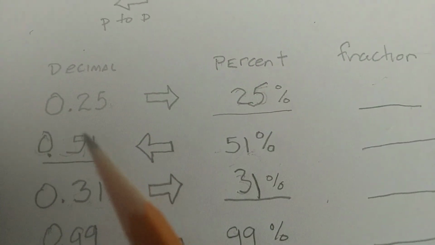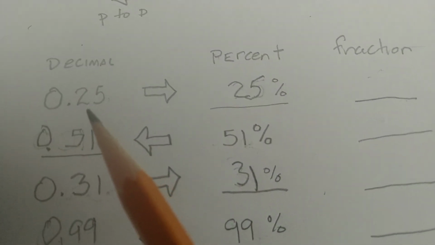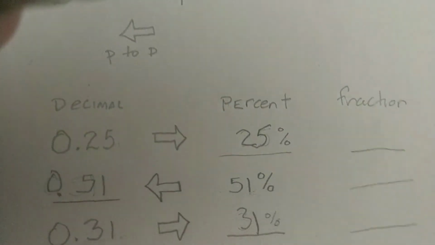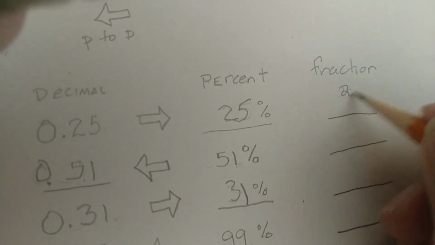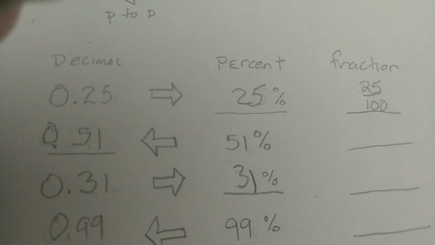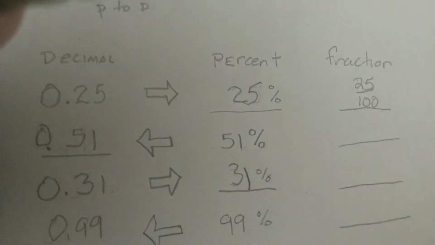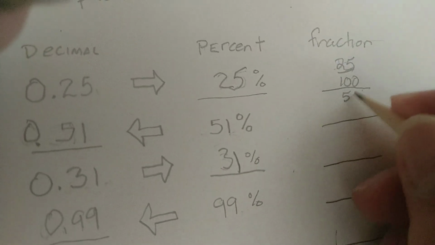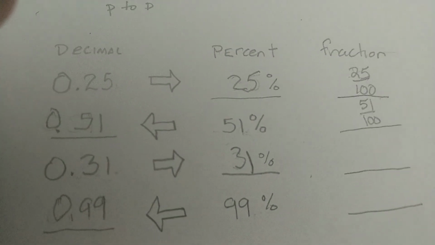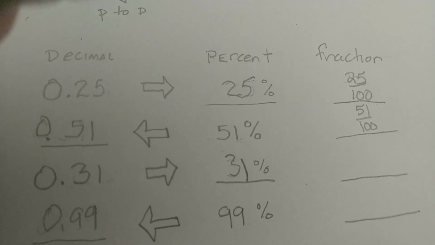Now let's look at our fractions. If we can read these, we can write a fraction for it. So this is 25 hundredths. So that makes it an easy fraction, 25 over 100. All right, this one is 51 hundredths. So it's 51 over 100, or 51 per 100, or 51%.